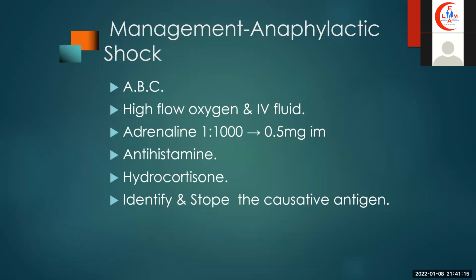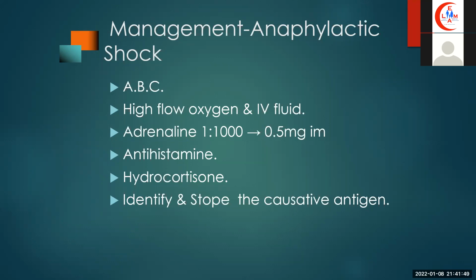So the management is actually ABC. It's very important to control the airway. If the patient presented with a severe anaphylactic reaction and he's hypotensive, and you find that his lips and tongue are swollen, you need to think about securing the airway, because if you don't, what will happen? Later on there will be increased edema and complete obstruction of the airway, and you cannot intubate the patient after that.